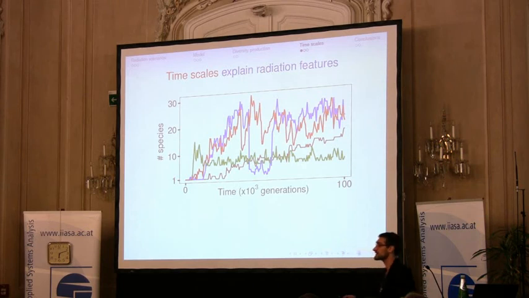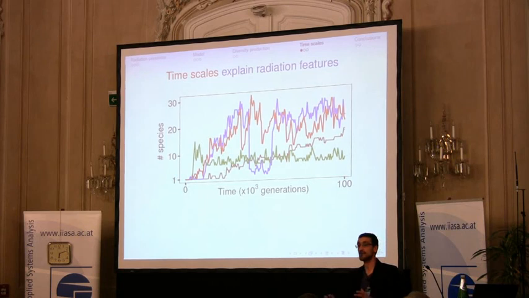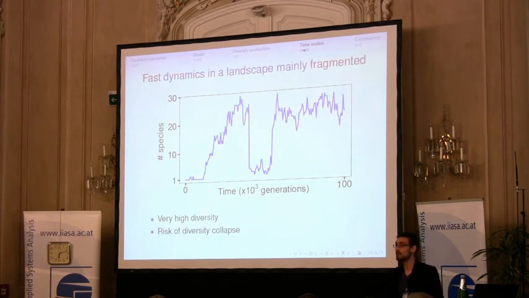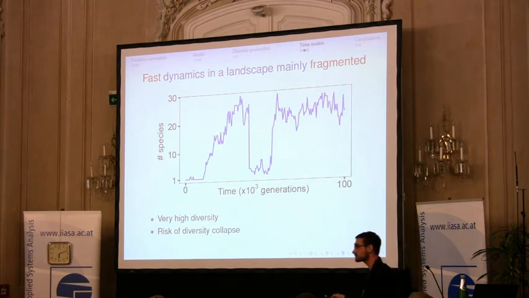In fact, all these characteristics of the radiation are determined by the characteristic timescales of the landscape dynamics. So I will illustrate this with one example, the blue time series. For this one, we have a very high diversity, but we can lose almost all diversity very rapidly.